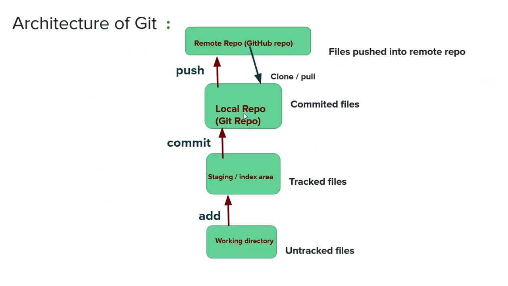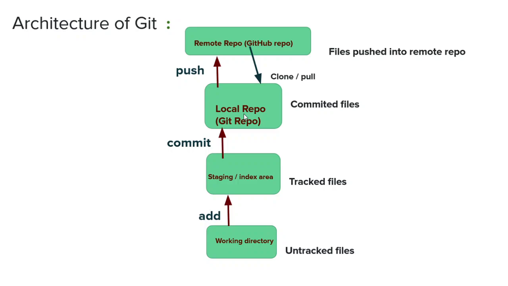After your changes are in the local repository, we can push those files into the remote repository, that is the GitHub repository. It is a common repository. GitHub is a remote repository and files will be pushed into the remote repository from the local repository. We can also pull from the remote repository to our local repository.